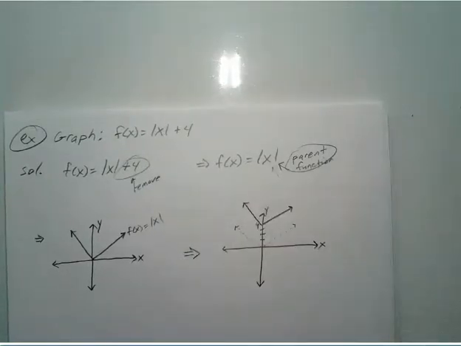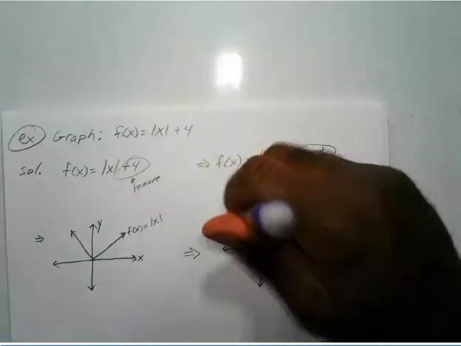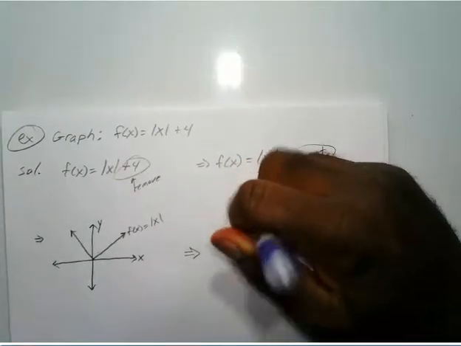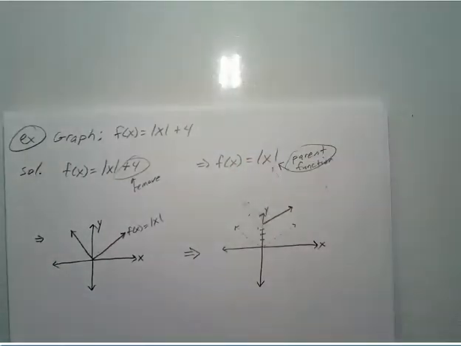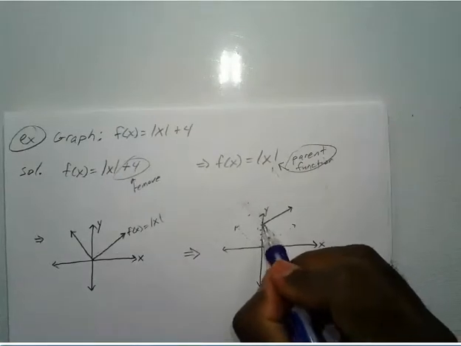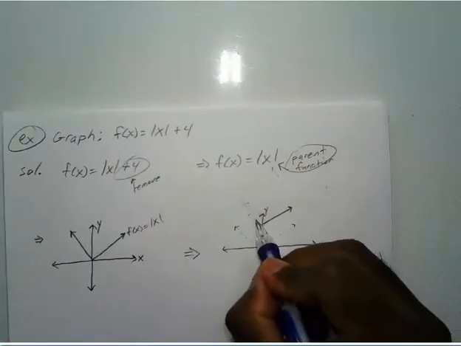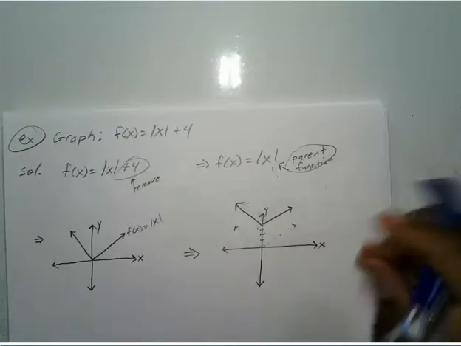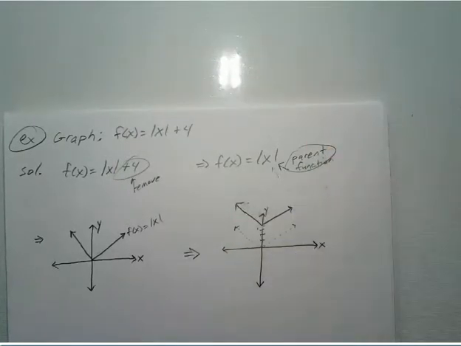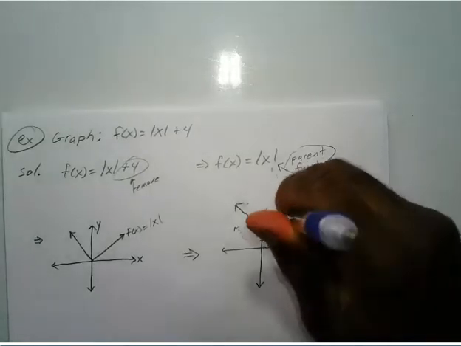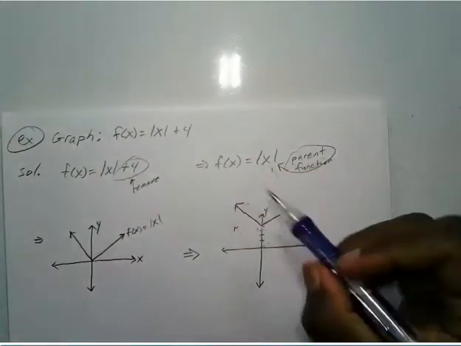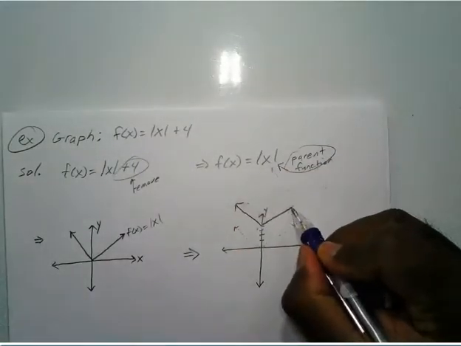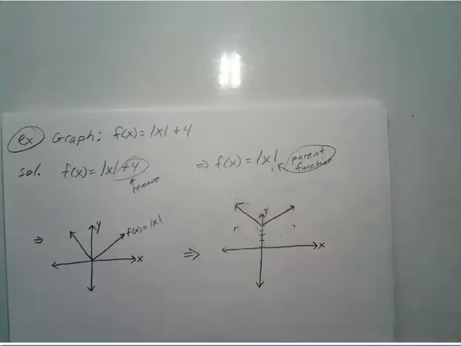Well, that should look a little more symmetric than that. And sorry, but drawing and sketching is not my strong suit. But hopefully you get the idea. That entire graph is shifting up.